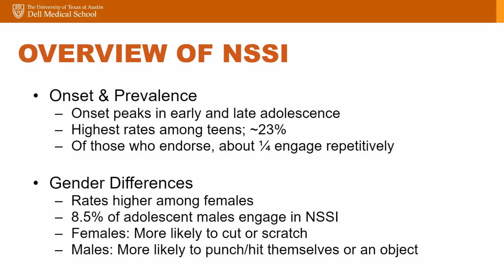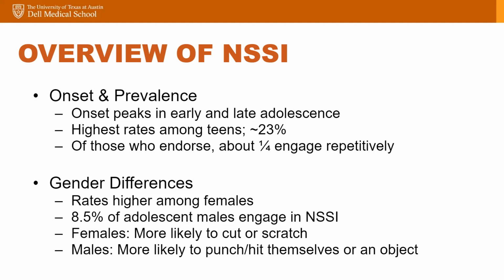The other end of the spectrum, that 17 to 18-year-old range, also associated with a lot of transition, graduating from high school, going on to work, going on to college, or other changes along that way. So it's hypothesized that the stress that comes with change and transition may at least partially explain why the behavior tends to have an onset during these times.